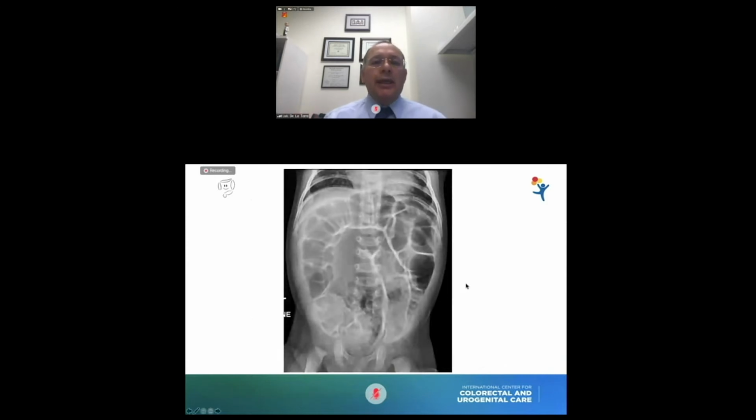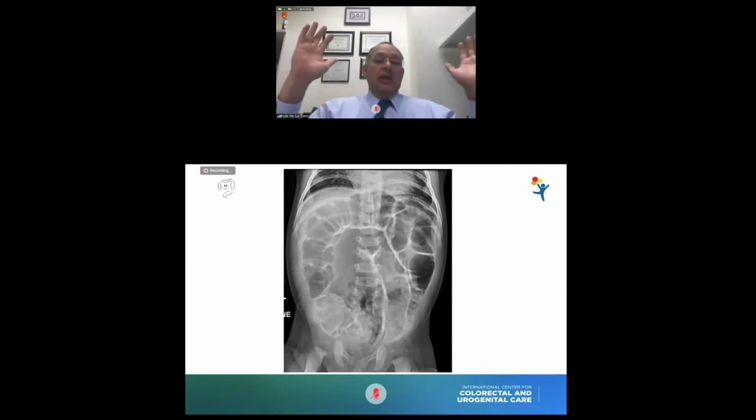This is an X-ray that could be from enterocolitis related with another problem, could be intestinal atresia, could be an imperforate anus, could be whatever. So the X-ray is very important just to confirm that the patient has obstruction. And we divide obstructions in low and high obstruction.